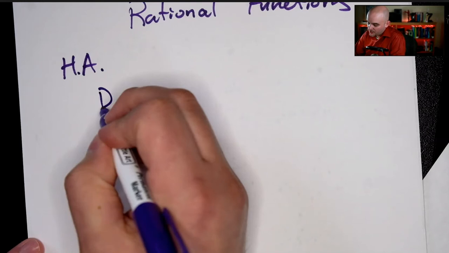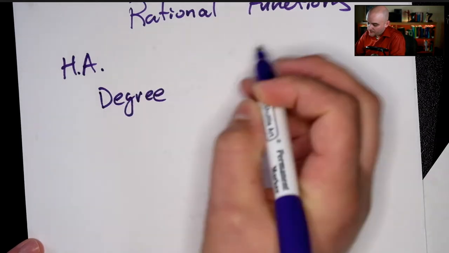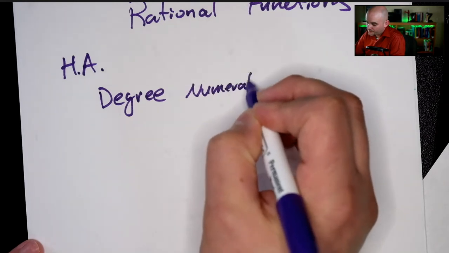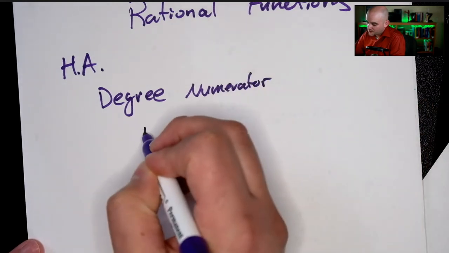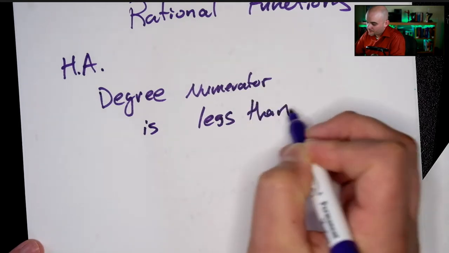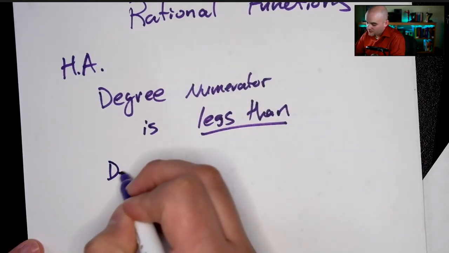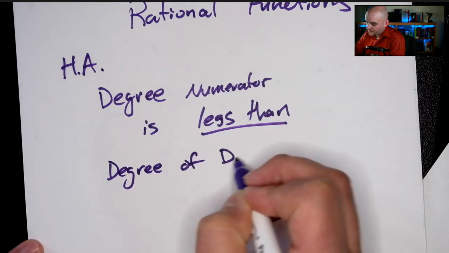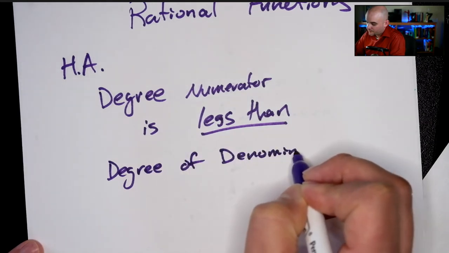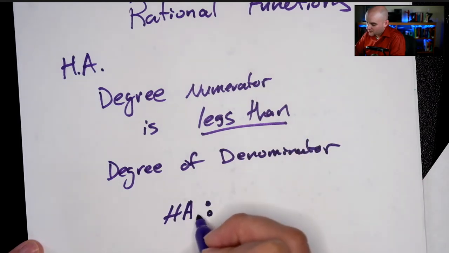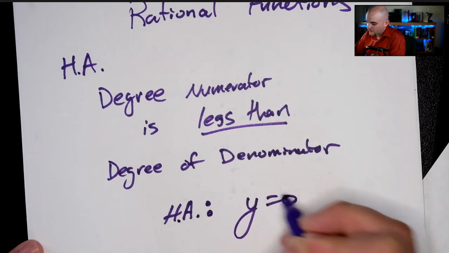If the degree of the numerator is less than the degree of the denominator, then our HA is at y equals 0. All right?